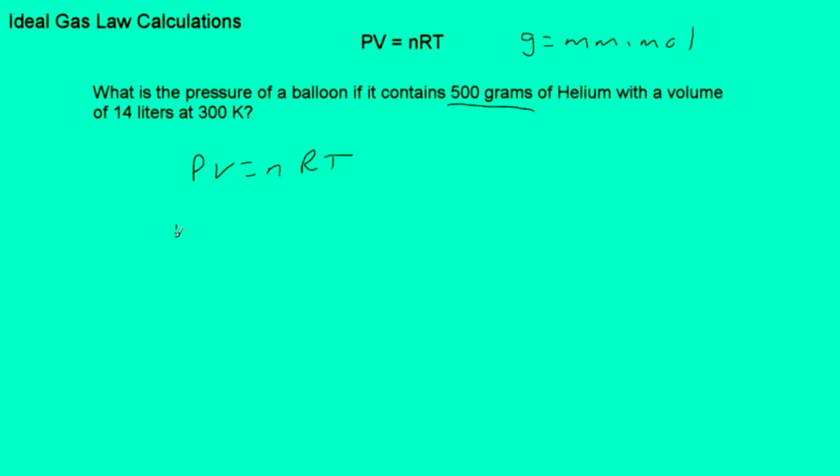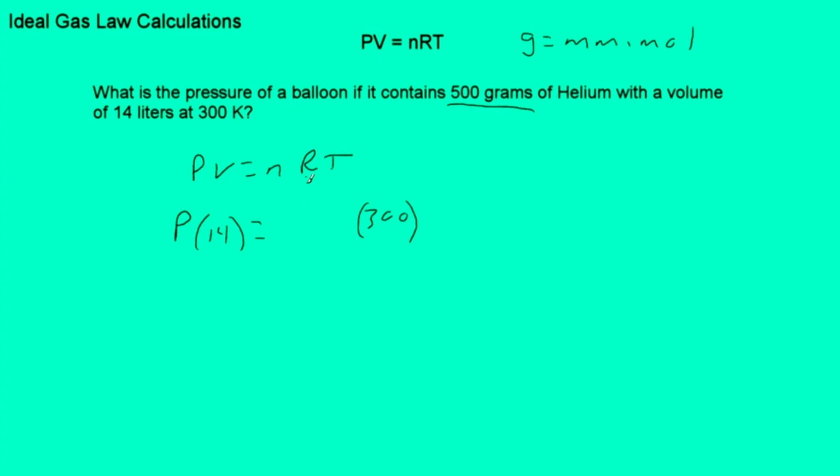What is the pressure? So we're looking for the pressure of a balloon that contains 500 grams. We'll get to that in a second. A volume of 14 liters, and a temperature of 300 K. It's in K, so we leave it alone. Our pressure, what is the pressure? We're not given a unit for pressure, so we can use whatever we want.